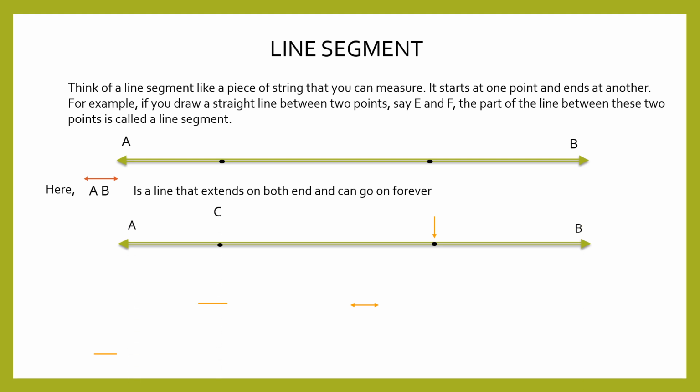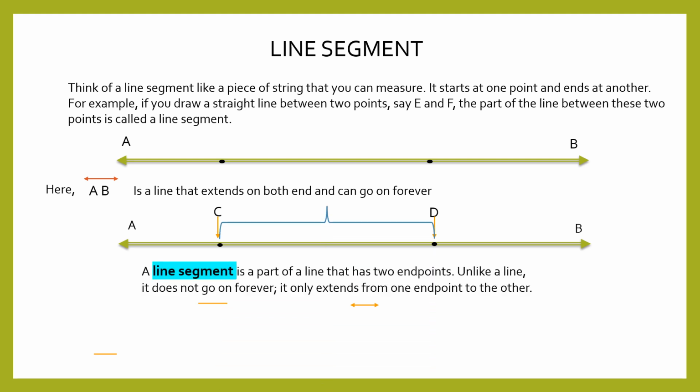If you look at the figure below, you will see that there is a line AB with arrows at the ends indicating that it is a straight line which can go on forever. And on this line, there are 2 points C and D which are fixed. The space between C and D is called the line segment.